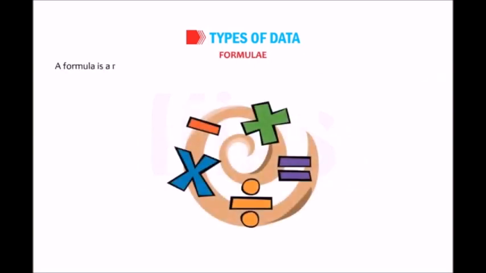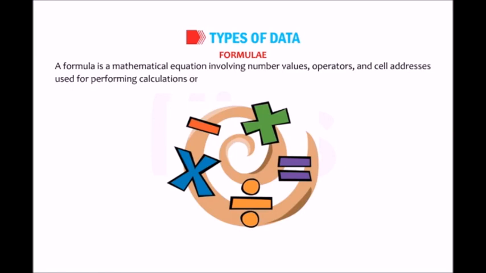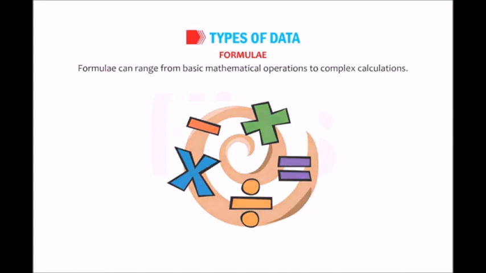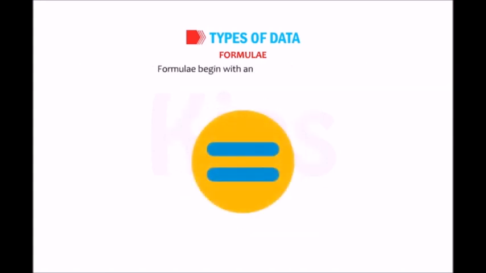Formulae. A formula is mathematical equation involving number values, operators, and cell addresses used for performing calculations on a worksheet. Formulae can range from basic mathematical operations to complex calculations. Formulae begins with an equal to sign.